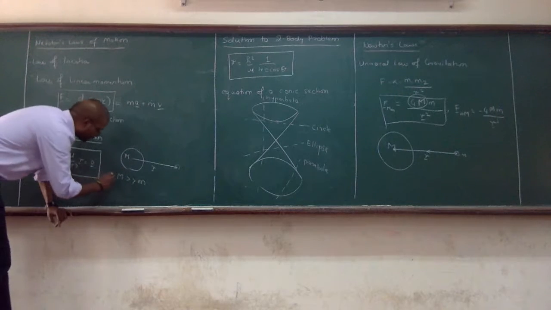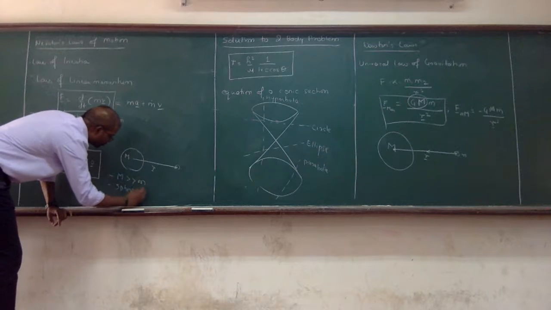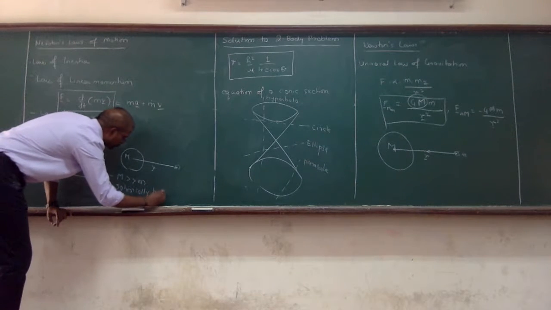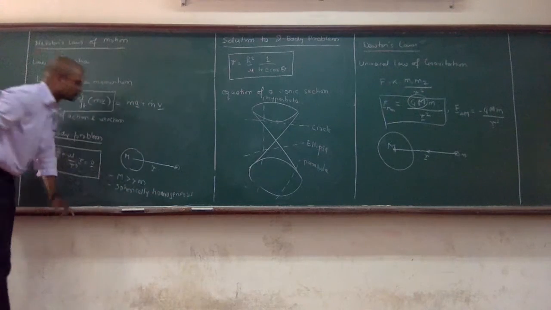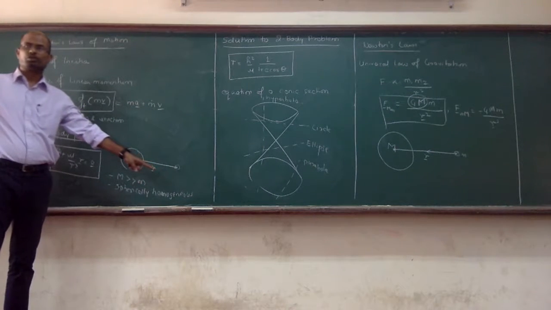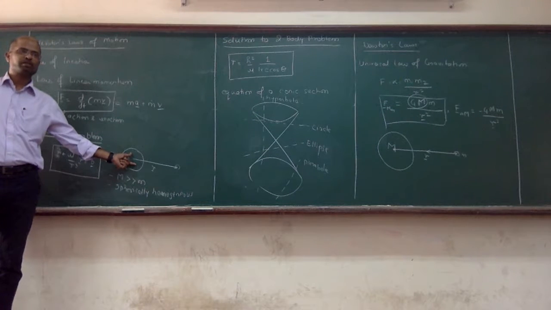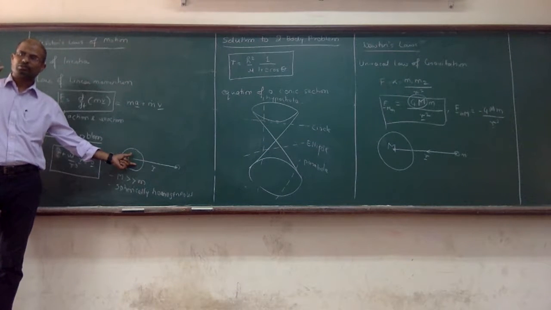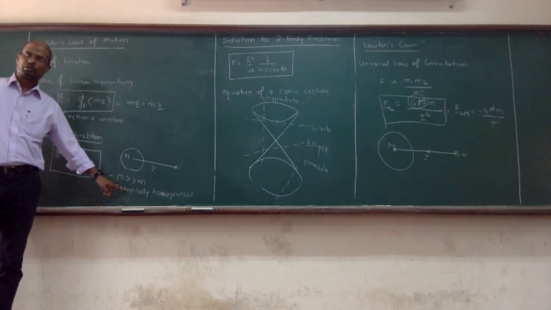And the second assumption is the central body is spherically homogeneous, which means, what does spherically homogeneous mean? You can assume that you can take this to be a point mass, with the entire mass concentrated at that center. That is what the spherical homogeneity is.